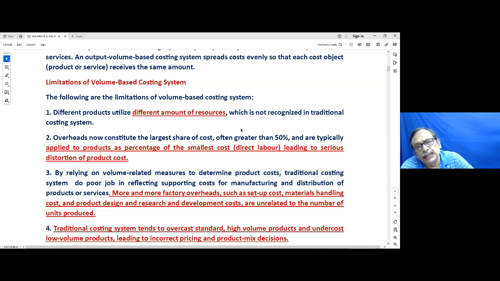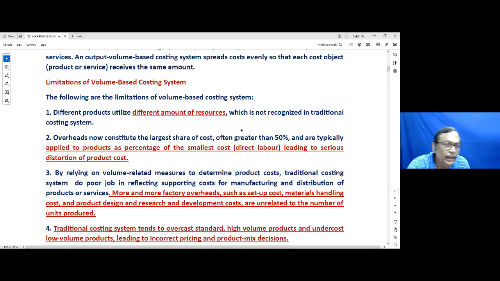Now, the first point: different products utilize different amount of resources, obviously so, which is not recognized in traditional costing system. Different amounts of resources are actually being utilized, because it varies from product to product.